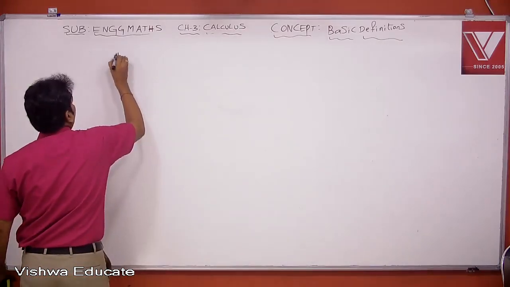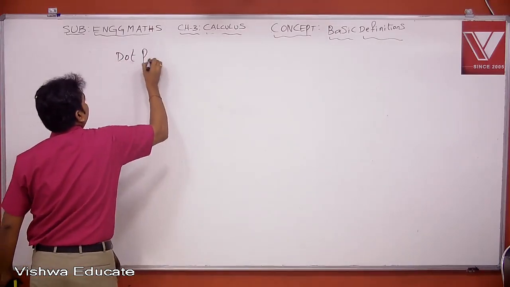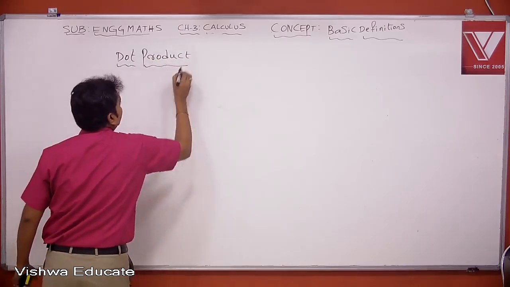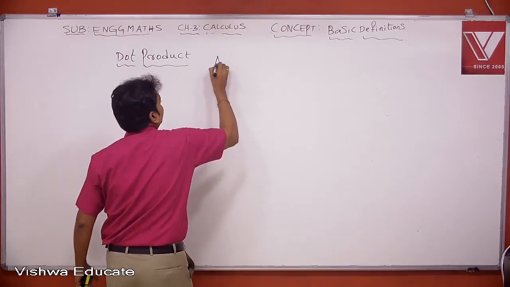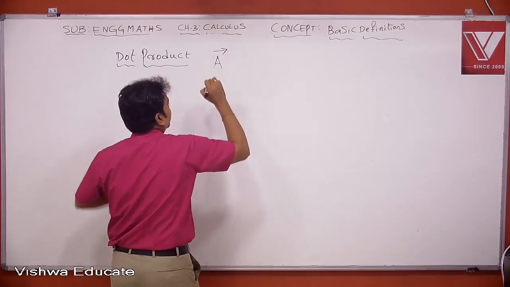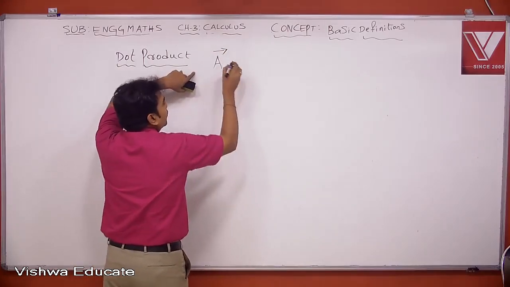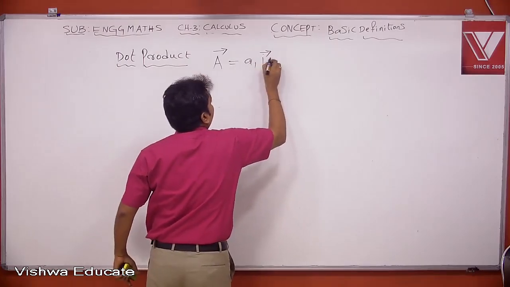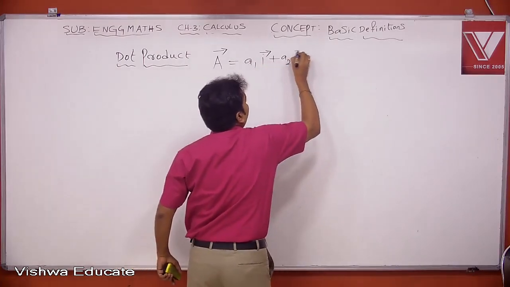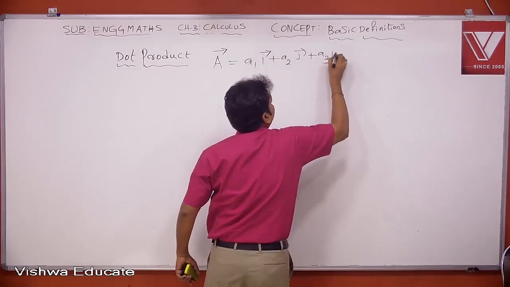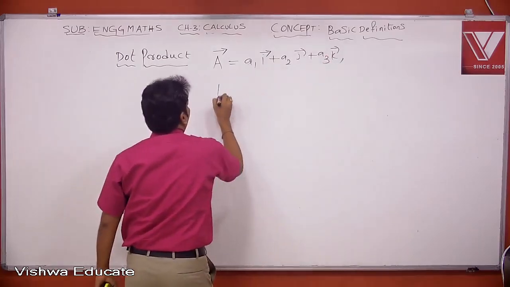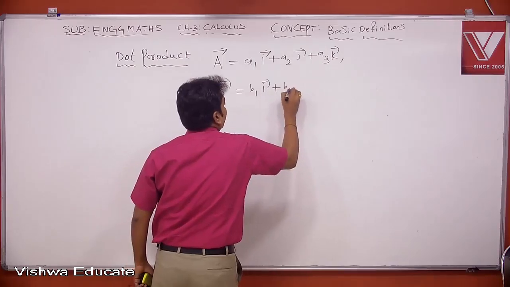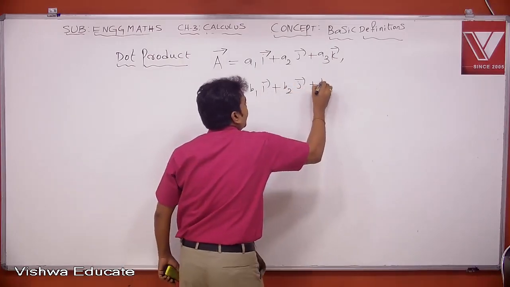Next we discuss the definition of dot product. Suppose we have two vectors. Generally vectors are represented by the directions like these symbols. A bar equals A1 i bar plus A2 j bar plus A3 k bar, and B bar equals B1 i bar plus B2 j bar plus B3 k bar.